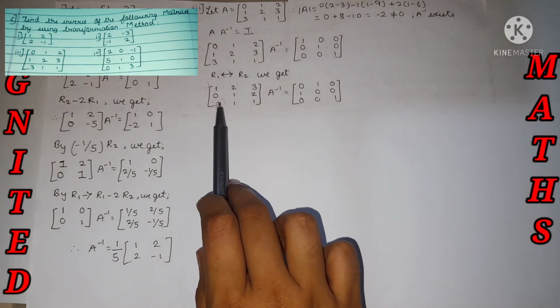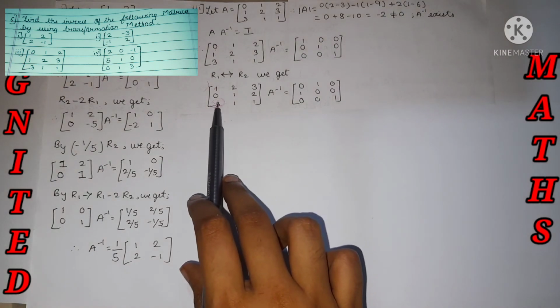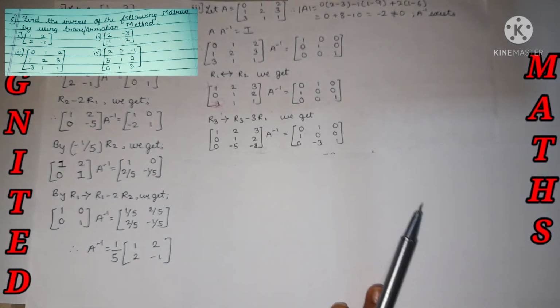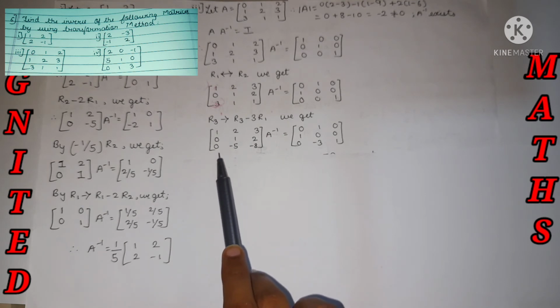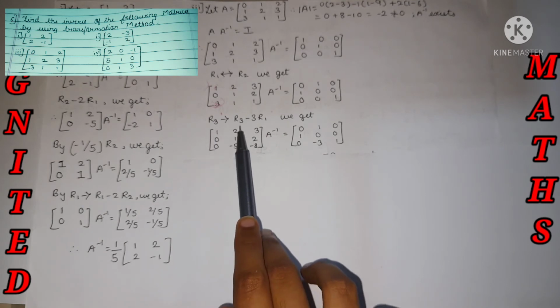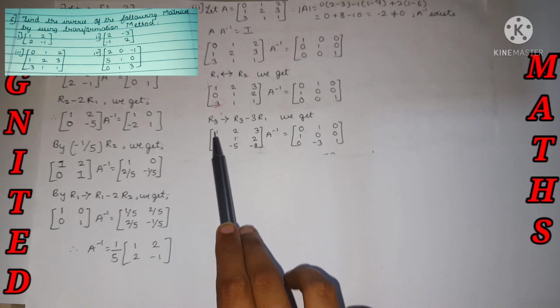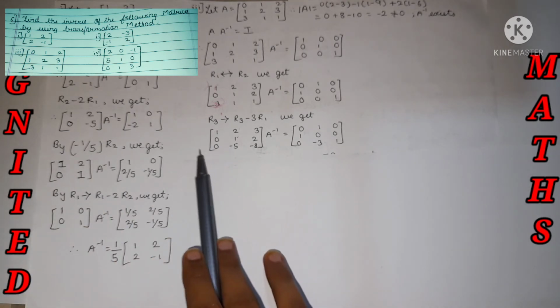Over here in R3, the first element is 3, so bring it as 0. R3 minus 3R1, so if we do that, we will get the answer. So the first column we got it, and over here also 1. Now bring this element as 0, but don't make any changes over here; do the transformation so that nothing else changes.